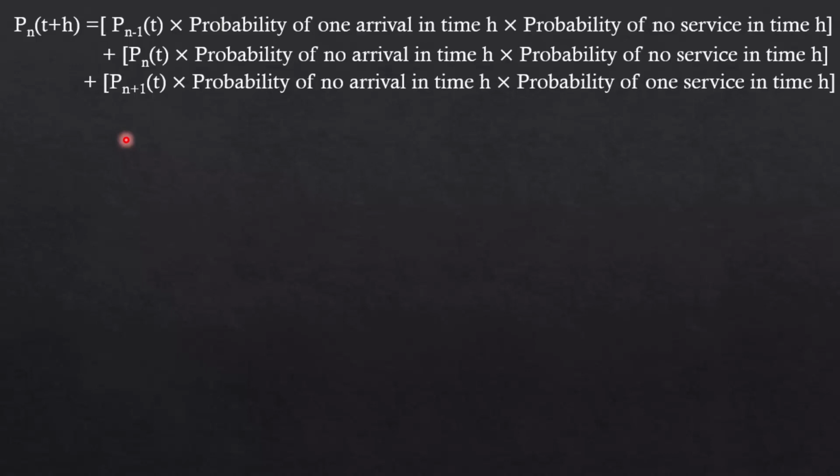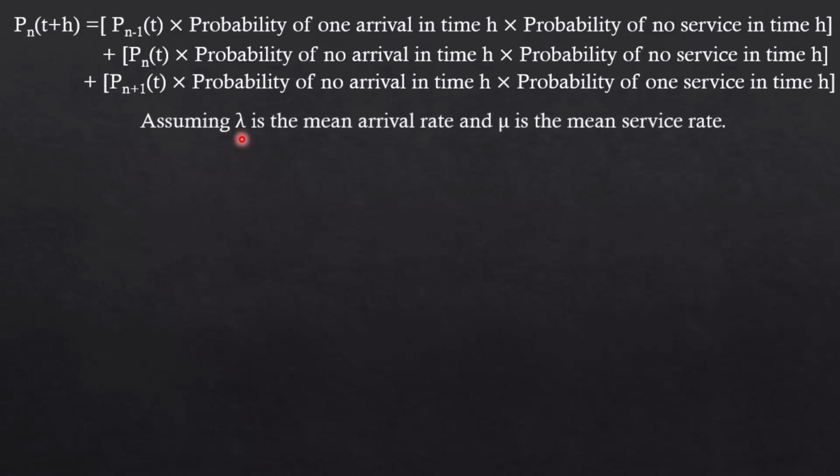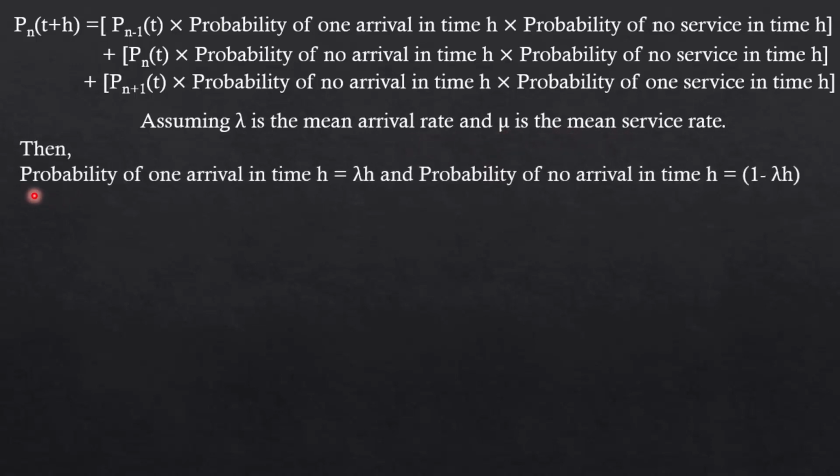Assuming that lambda is the mean arrival rate and mu is the mean service rate here. Now the probability of one arrival in time h can be given as lambda into h, and the probability of no arrival in small time h can be given as 1 minus lambda h, because we can either have one arrival or we can have no arrival, and the sum of these two is equal to 1.